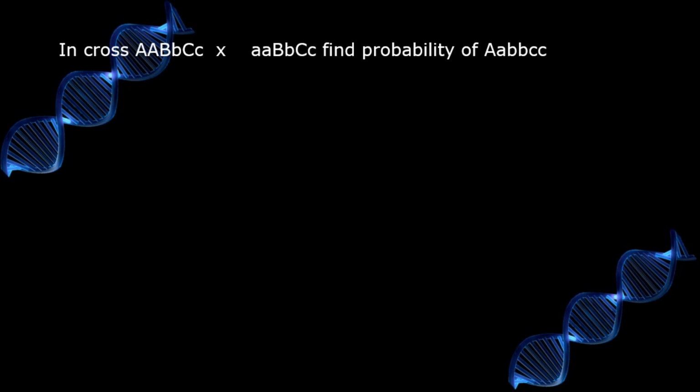And what is the probability of getting an individual of capital A, small a, small b, and small c, small c? So here we will multiply to get the probability, because here come ANDs, and we can multiply each of the traits separately. So we can write it separately first.